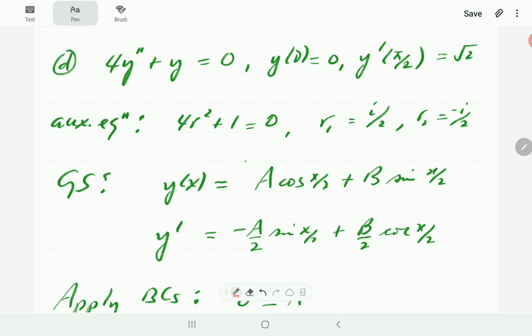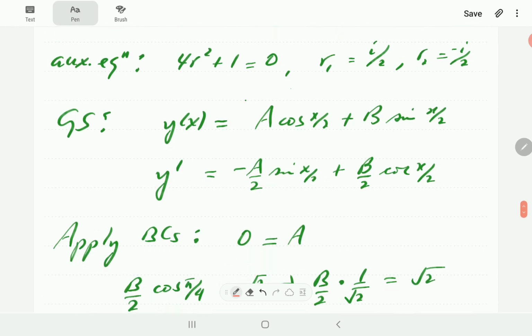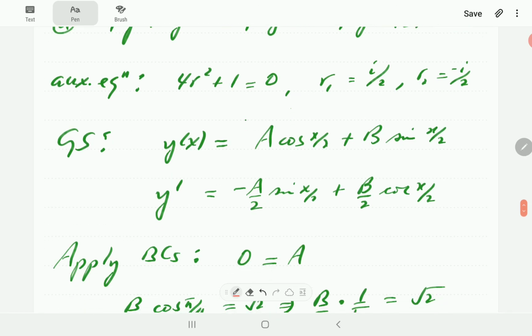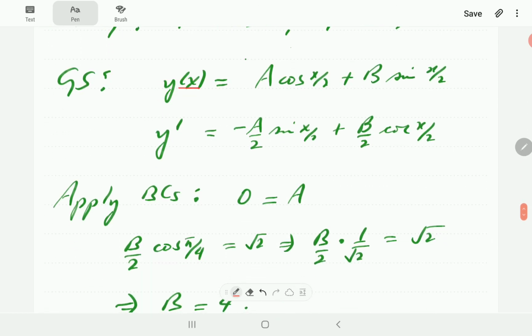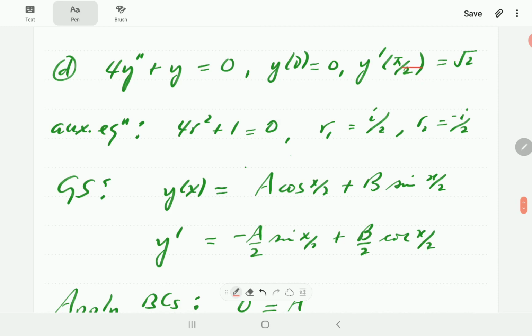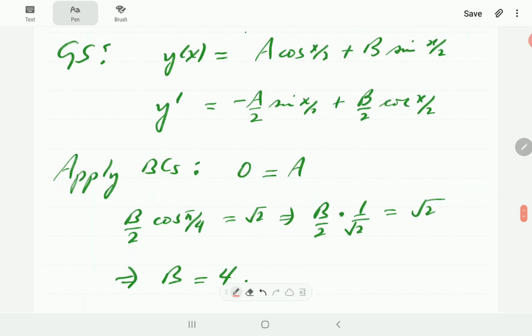And that's going to be our derivative. So if we plug in x equals 0, y equals 0. So this is going to be 0 here, 0 here. Just gives us A is 0. Then for the derivative, when x is pi on 2, y is root 2. So root 2 here, this is y.